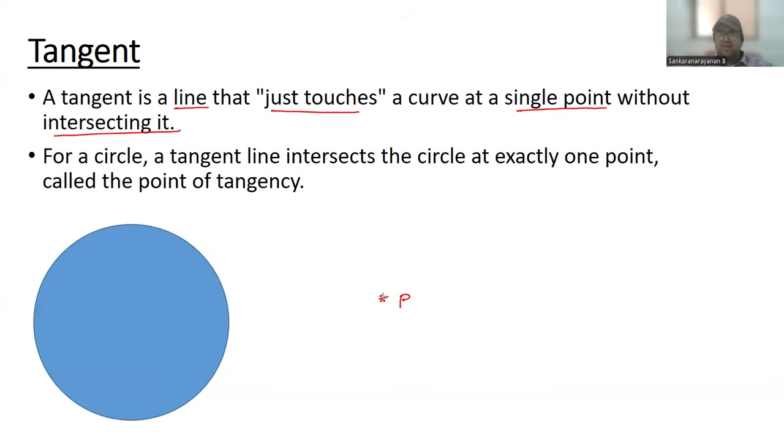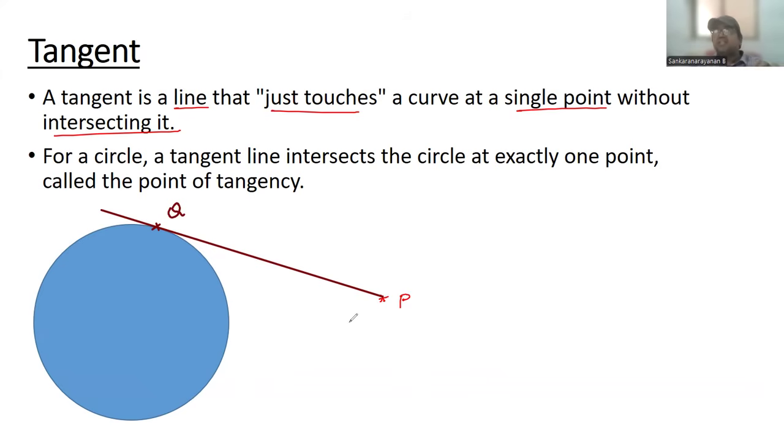But consider that from P, I am drawing one line like this. This line, you can see, just touches the circle here. Let me say this is the point Q where the line has just touched the circle. And this line, what you see here, I call the tangent.